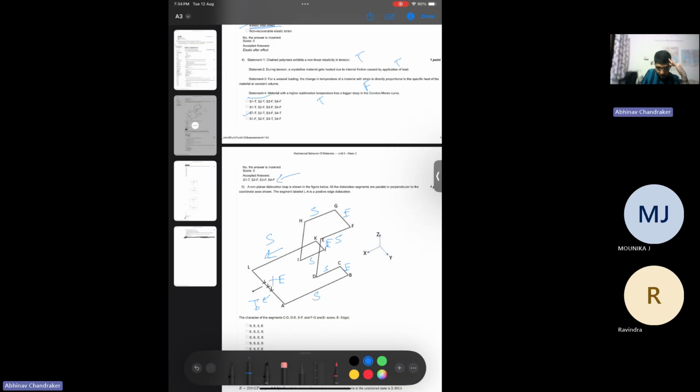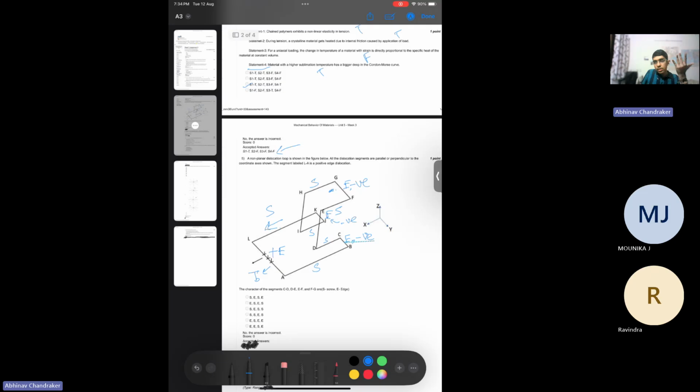So if this is positive here, LA has positive character, GF, PB and EJ will be negative. Similarly, screws will have one side positive, like maybe LK and HG, and KF and AB will have opposite signs. So positive on one side and negative on the other side.